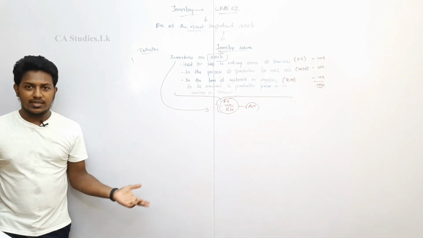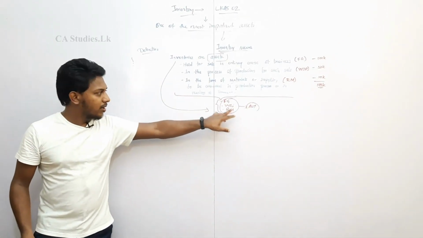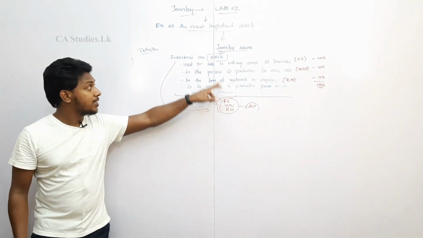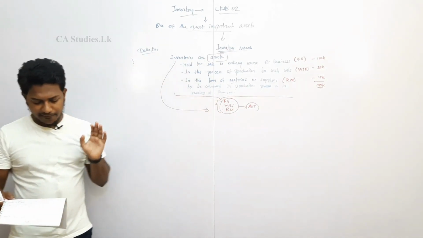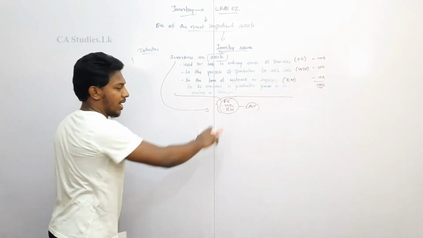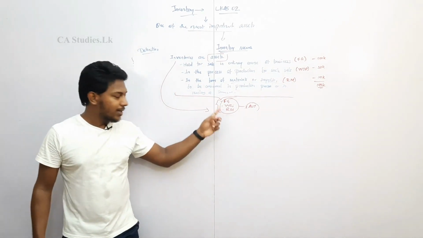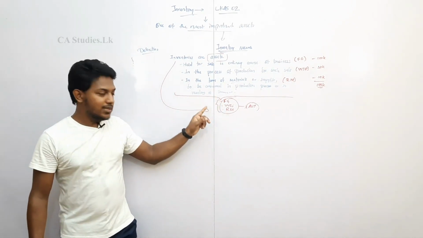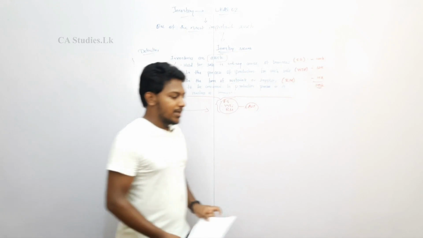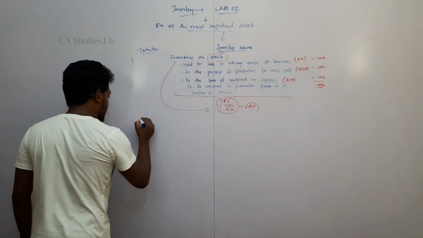Then it is called an asset. So this asset includes finished goods, WIP, and raw materials. It is called inventory. Now we found the finished goods, WIP, RM, right? To recognize finished goods, work in progress, and RM, we have to pass the second criteria. That criteria is called the recognition criteria.